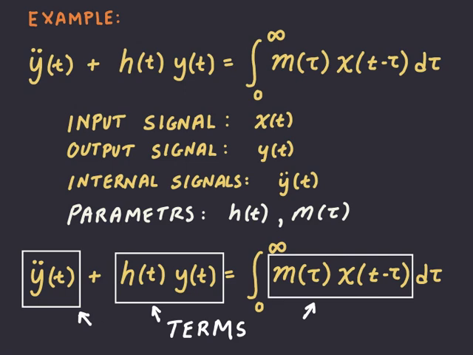So y is clearly changed by x, so we know that y dot is an internal signal. Our parameters will be h of t and m of tau. So now we separate out the equation into the terms. We have y dot, h of t, y of t, and m of tau, x of t minus tau.